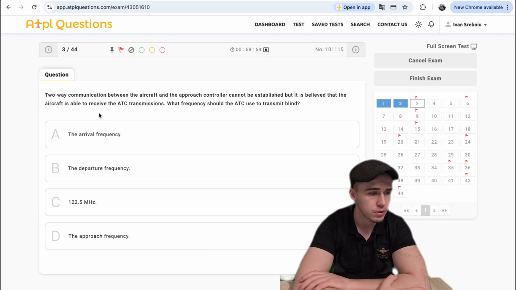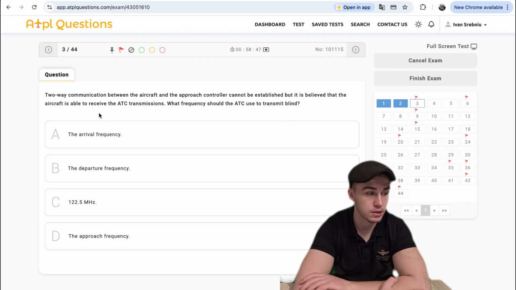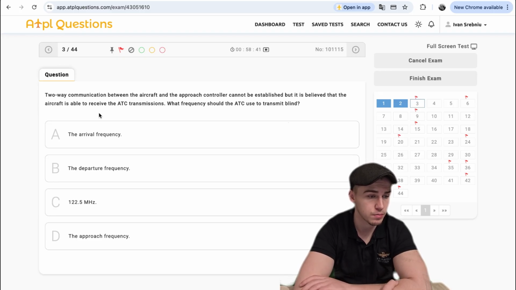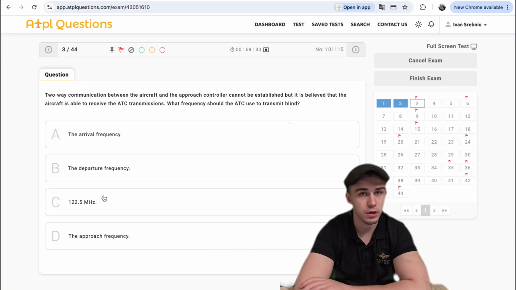Two-way communication between the aircraft and the approach controller cannot be established, but it is believed that the aircraft is able to receive the ATC transmission. What frequency should the ATC use to transmit blind? This is not correct because the emergency frequency is 121.5.